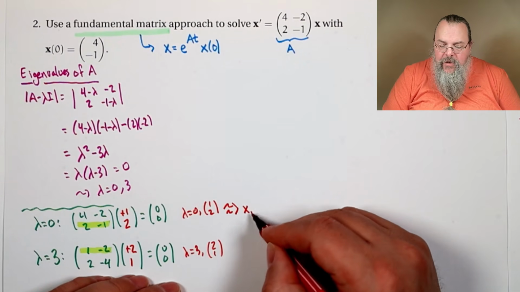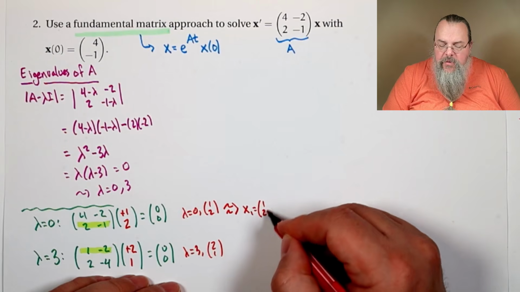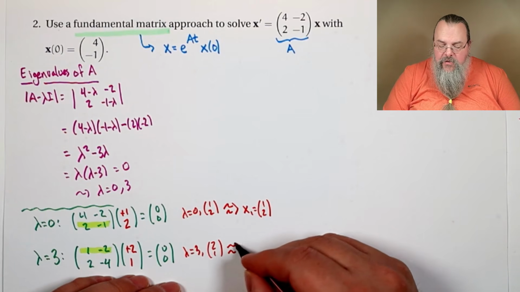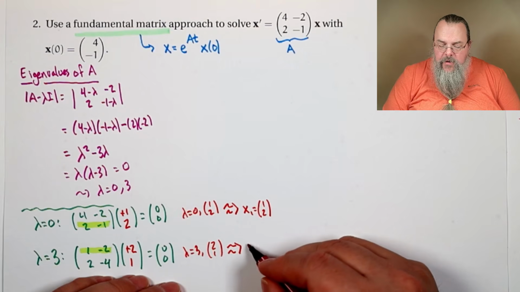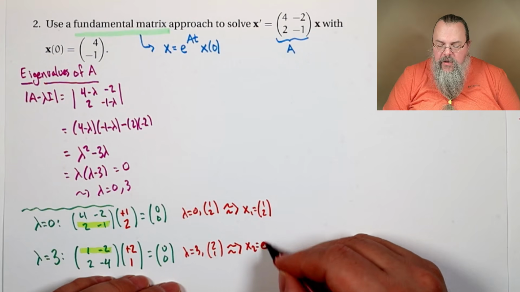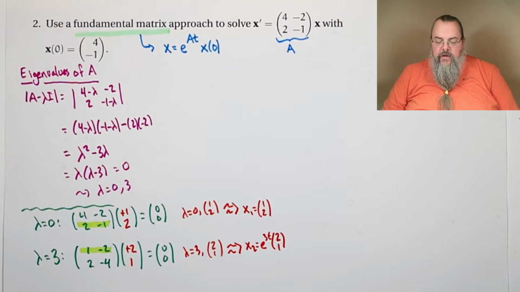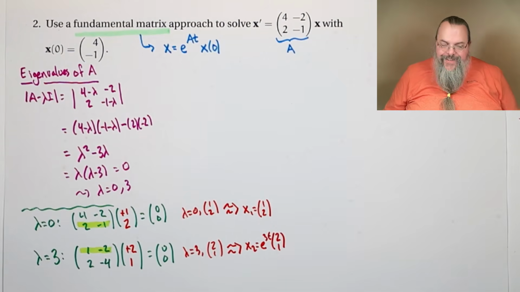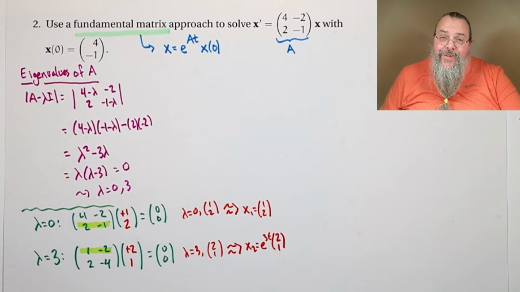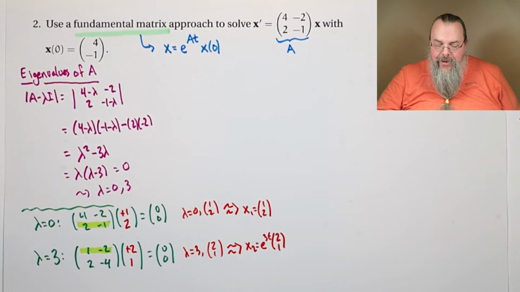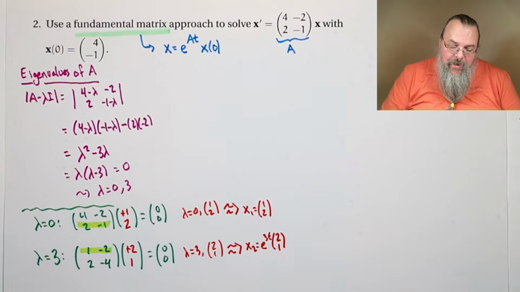So my first solution is simply [1, 2]. And then my second solution would be e to the 3t times [2, 1]. All right, good. So when we have distinct real eigenvalues, this is how we start.